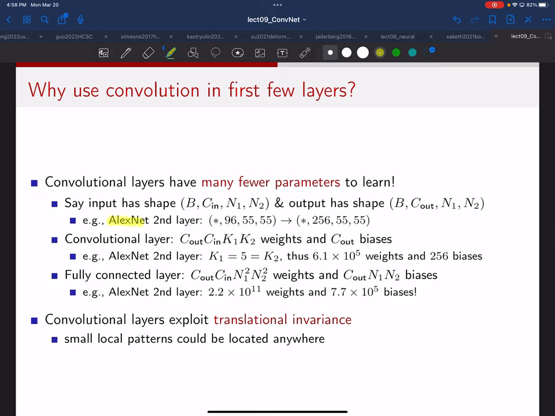Let's look at the second layer of AlexNet. So not the very first one, but the second one. In the second one, we're going from something that has 96 channels and 55 by 55 spatial pixels to something that has 256 channels and 55 by 55. We will eventually do pooling, like max pooling, to shrink this dimension.